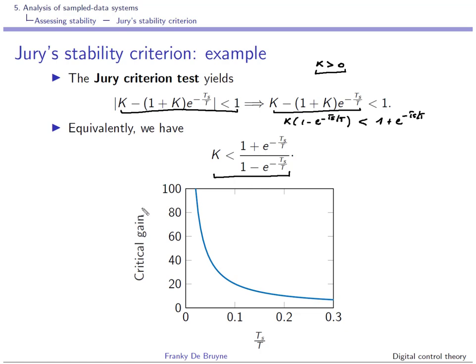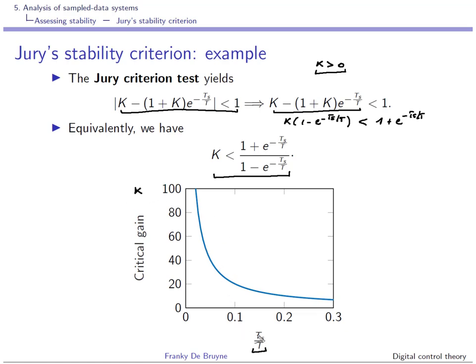So here you have the critical gain, and that's k here on the y-axis, right? And here we're using Ts over T, and we're plotting this expression as a function of Ts over T. And you can see here that when this ratio becomes rather small, the critical gain increases, and if Ts over T tends to 0, which is really the continuous time situation, the critical gain indeed goes to infinity.